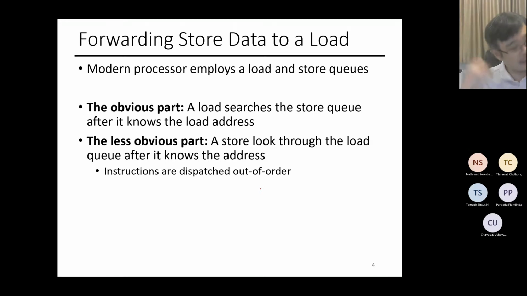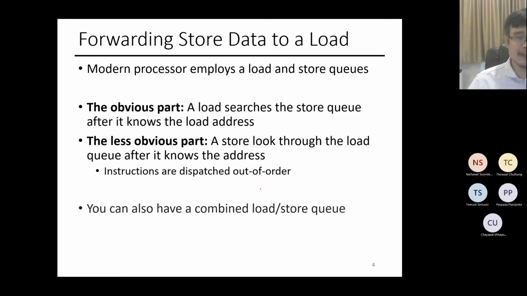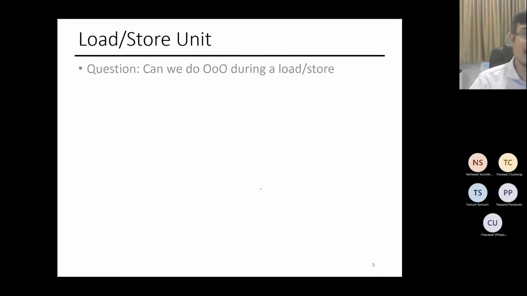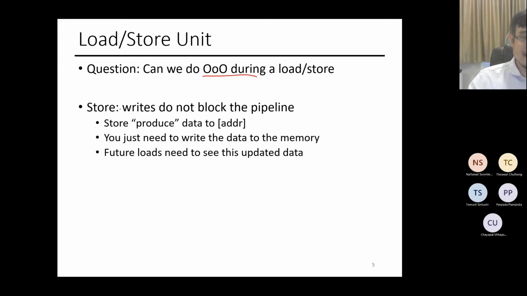So if a store instruction comes in, I can check who needs that data and forward it right away as well. You can also have a combined load store queue to save a little bit of space. But in the end, what you have in your CPU is something called the load store unit. This can be used to handle loads and stores when you have out of order scheduling, right?